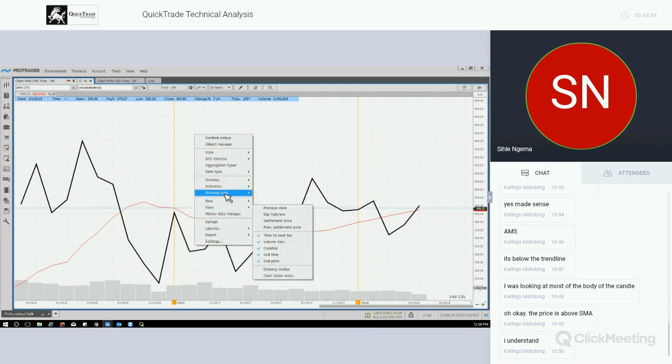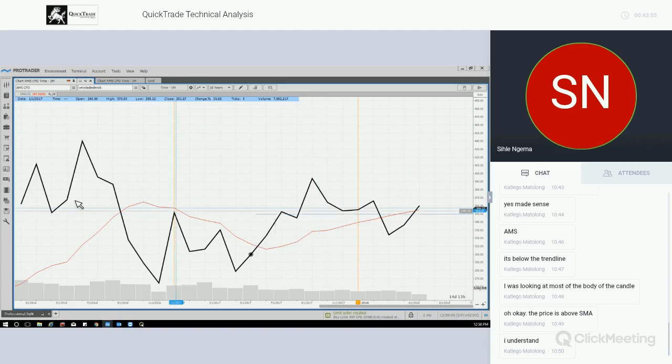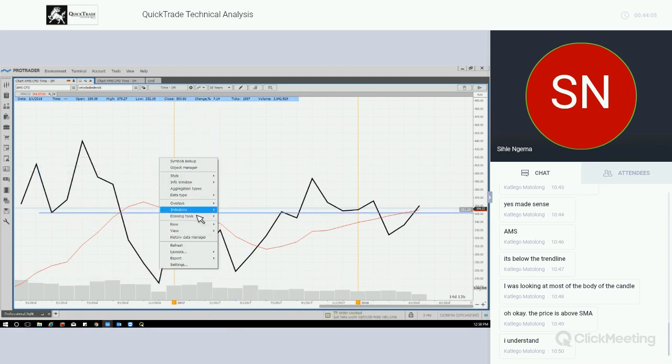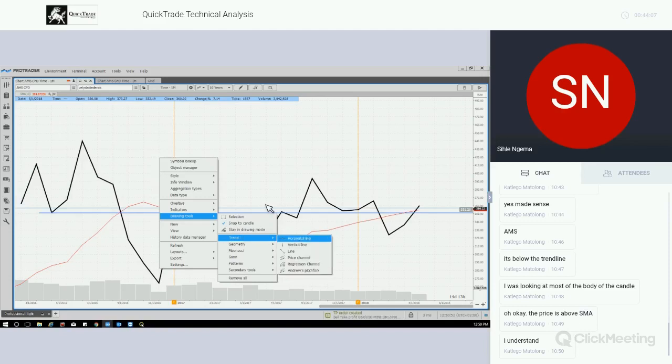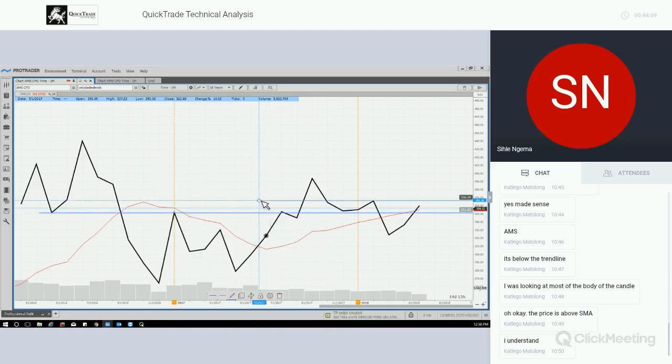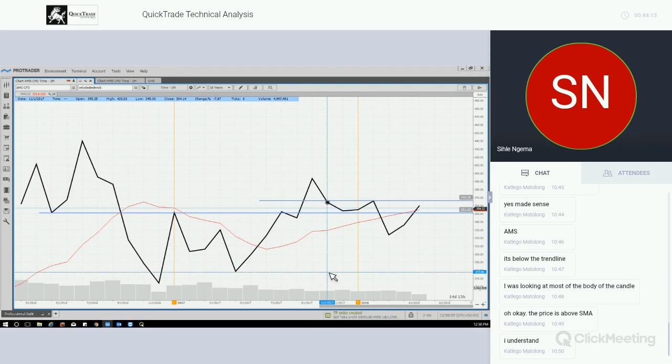Okay, now let's look at our resistance levels using the monthly chart. We have our level here, we're going to mark it. We have another level here. We are also going to mark that one. That is 366.